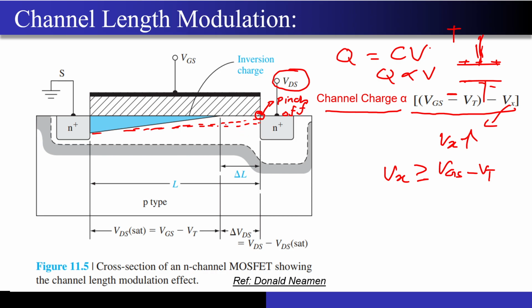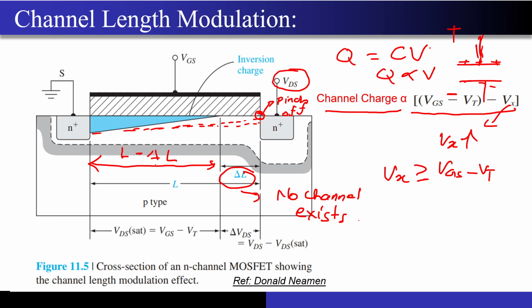This delta L that you are seeing over here, currently no channel exists in this region. The only channel that you have is in this particular region, and the new length of the channel is now L minus delta L, where L was the original length of the channel.